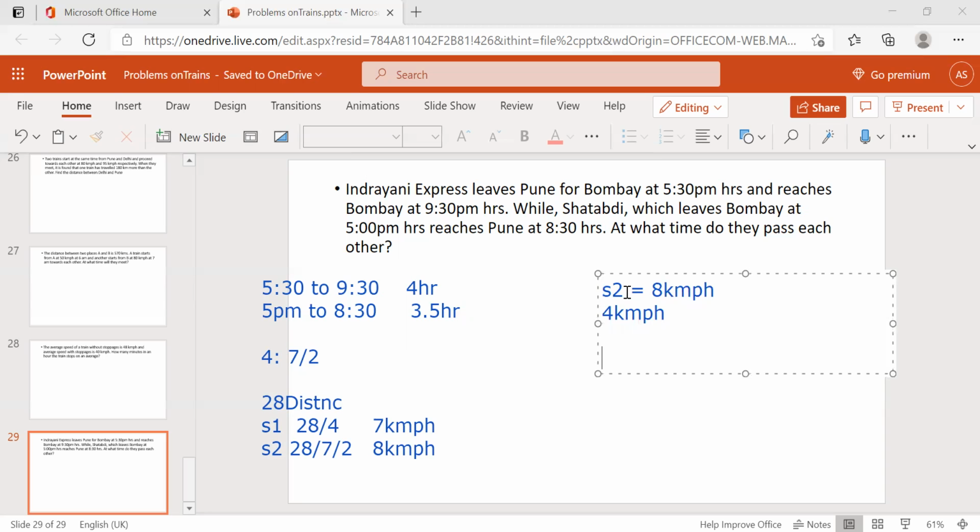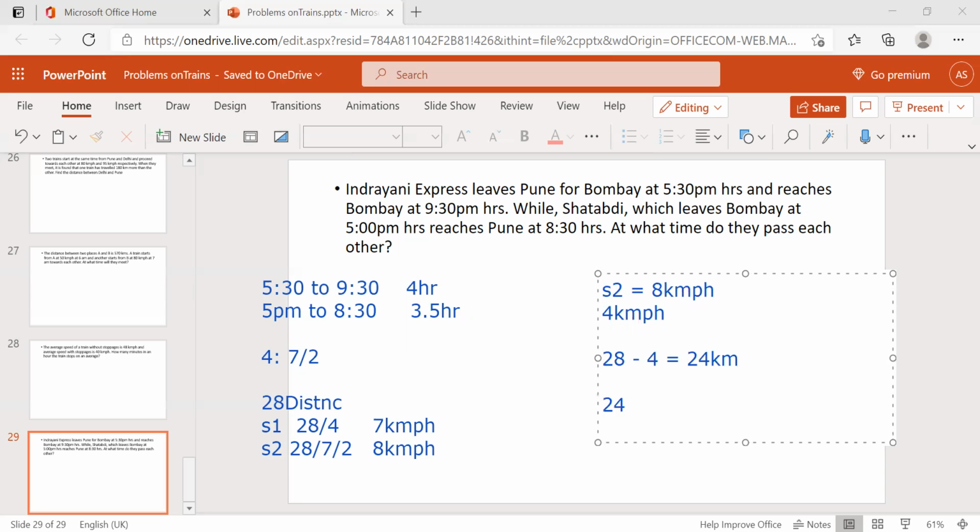Now, what's the distance? Totally 28, but it has already covered 4 kilometers, so minus 4 gives 24 kilometers. Now we have 24 kilometers and the speeds 8 and 7. If they are crossing each other, the speeds of the trains from opposite sides are added.